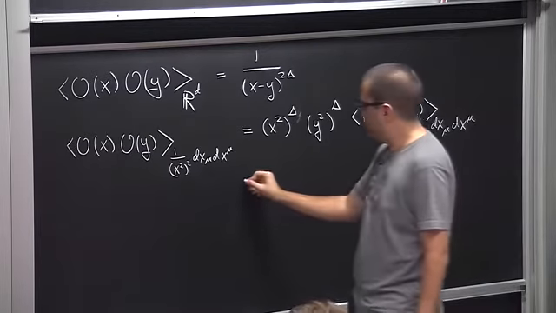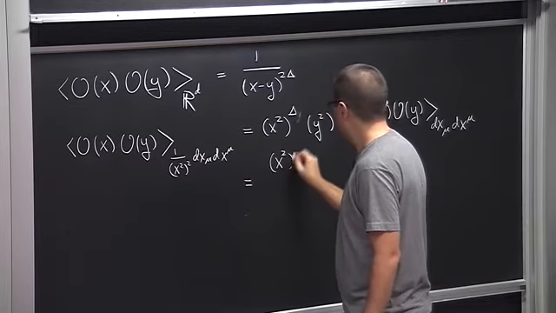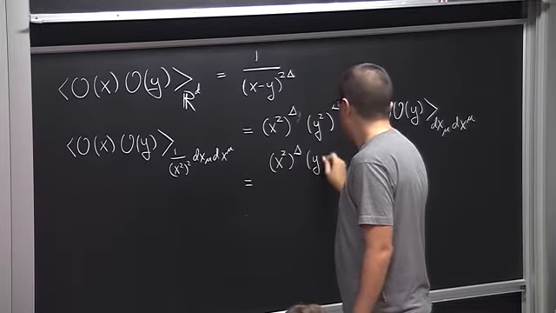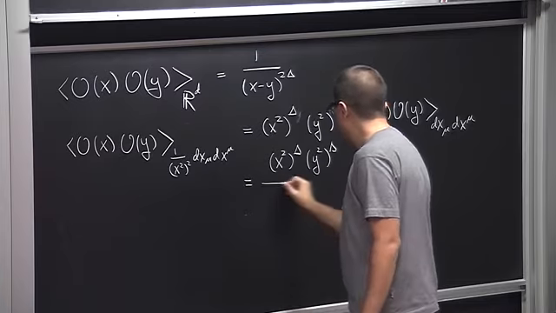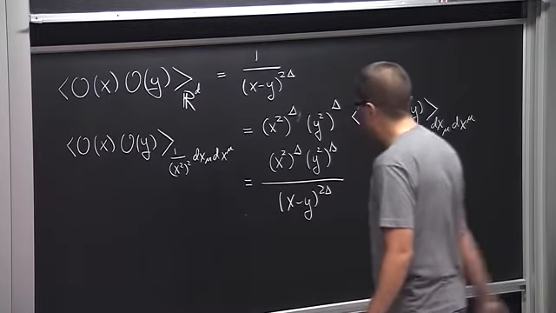In other words, this is just equal to x squared to the delta, y squared to the delta, over x minus y to the power 2 delta.